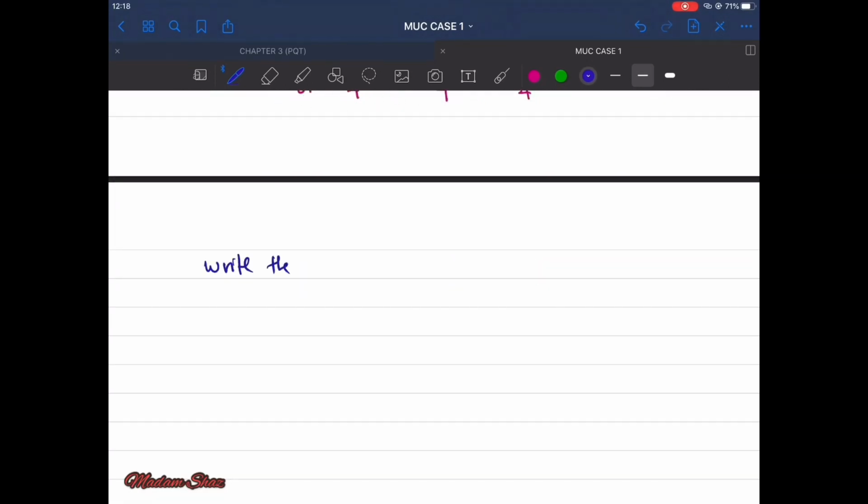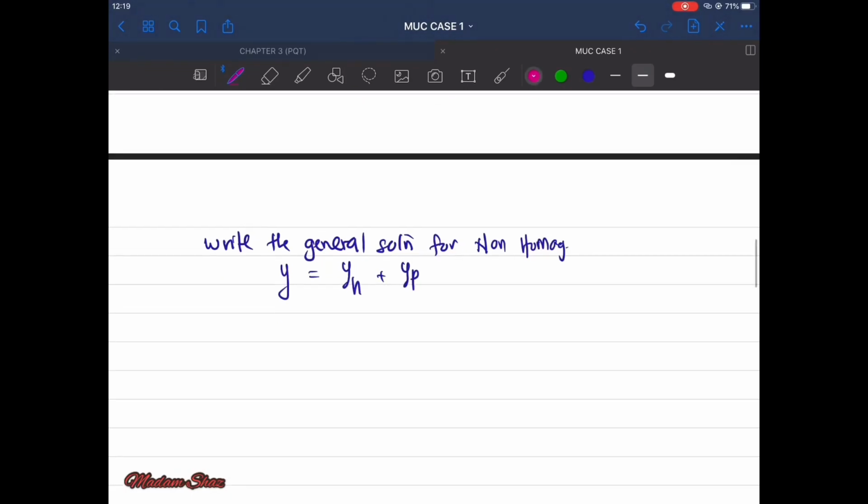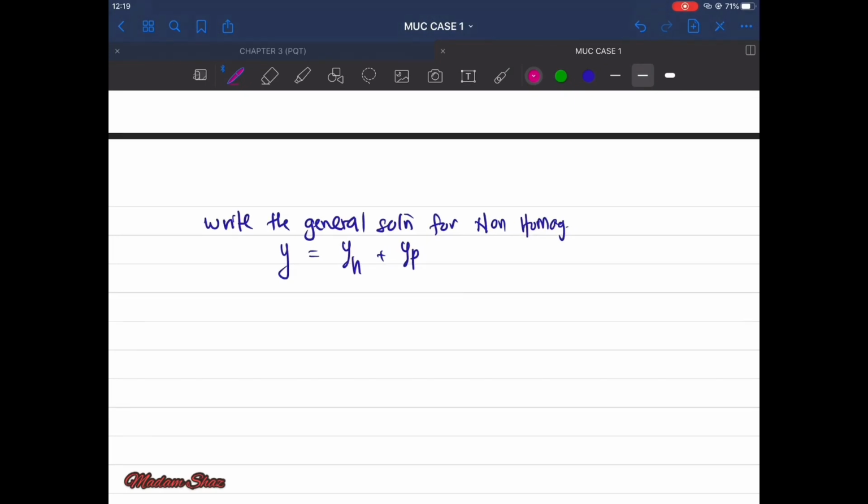So now the last step, write the general solution for the non-homogeneous equation, which is y equal to YH plus YP. So you have to combine back your YH and your YP.